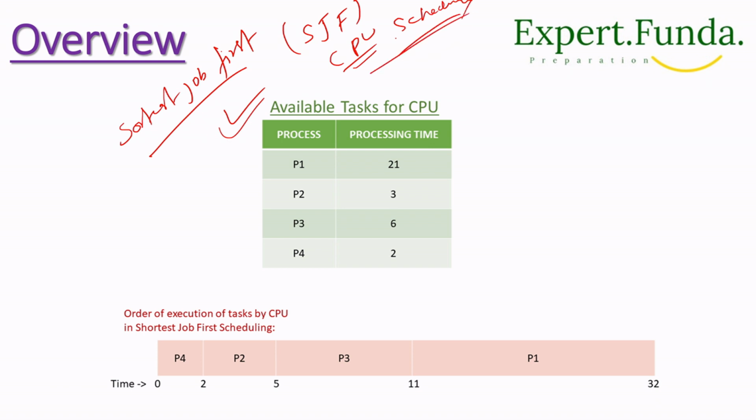So shortest job first, SJF, is known as CPU scheduling.